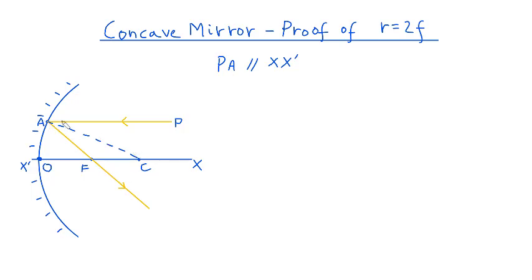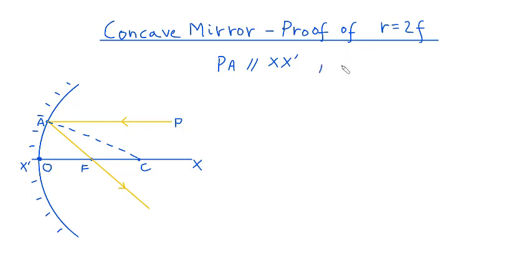And recall from your previous knowledge, hopefully, that this dashed line here, AC, this is the normal. This is the normal line to the mirror at A. So let me write that here.